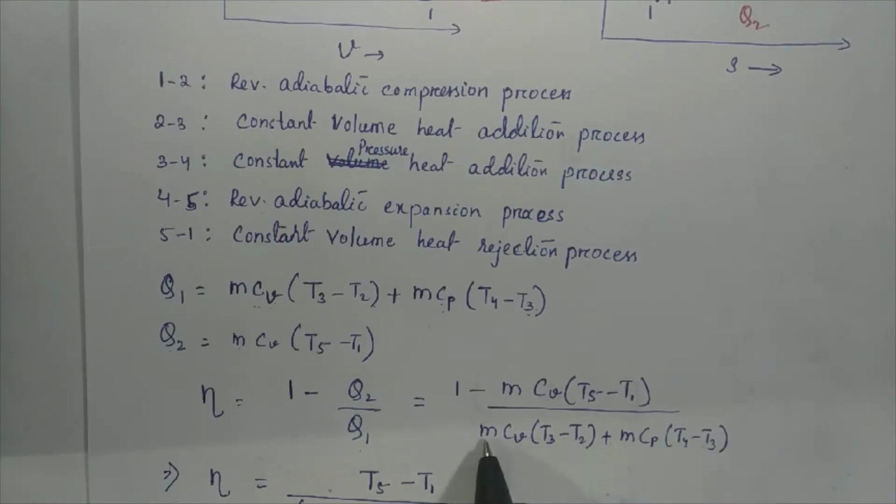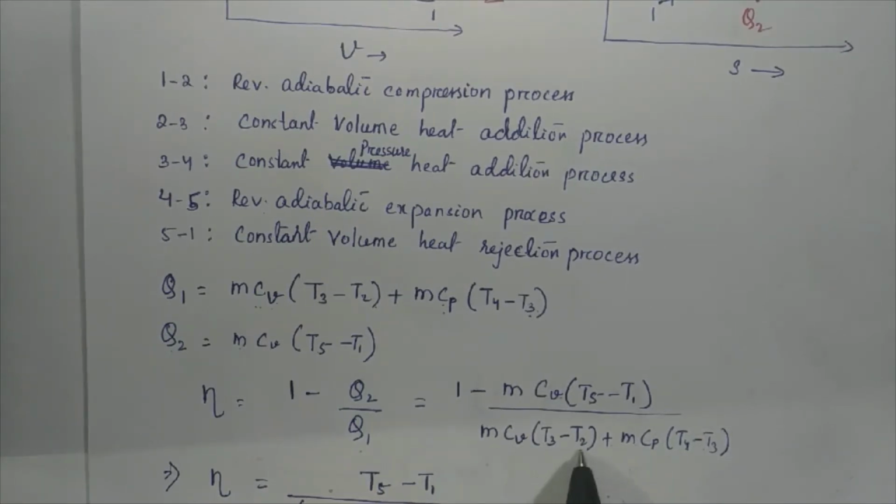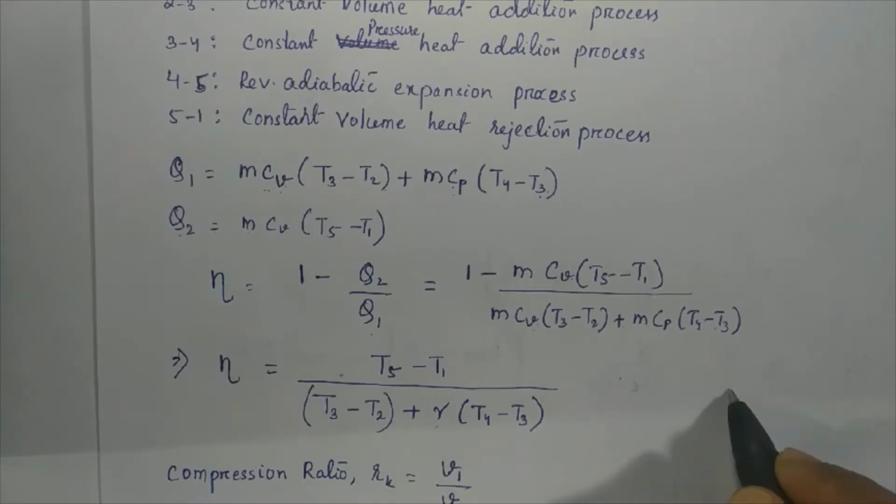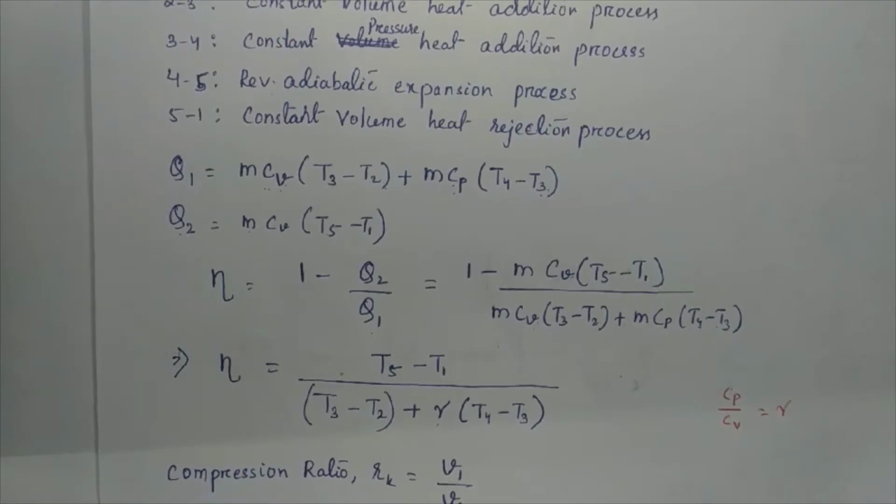Taking m common from the denominator, m and m cancel each other. Cv is divided in the numerator and the denominator, so Cv is omitted, and here Cp by Cv is gamma. Cp by Cv is equal to gamma, right?